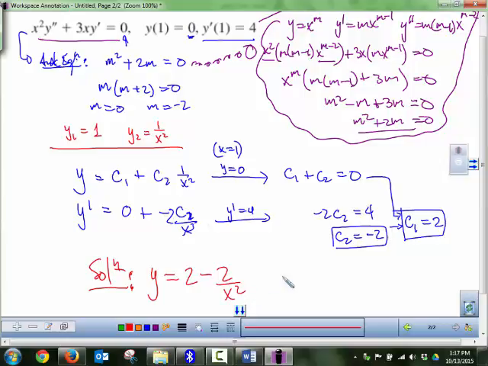Yeah? Oh, wait, never mind. The power, you mean? Yeah. If y is negative 1, then y of negative 1 is, yeah, y at positive 1. So I hope that's right. Let's just say it's right.